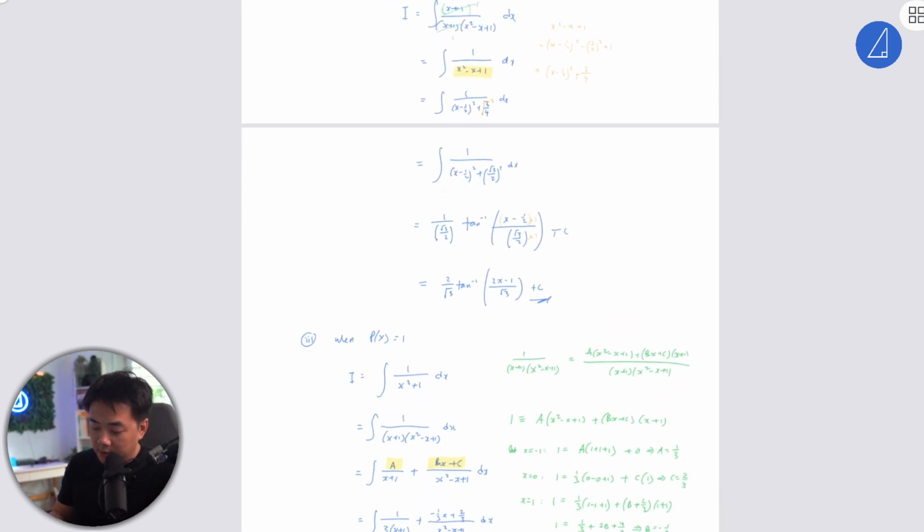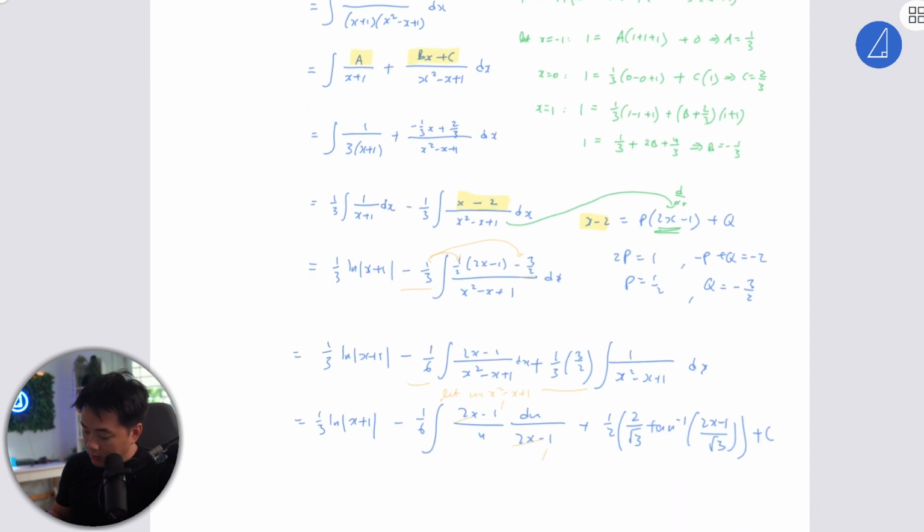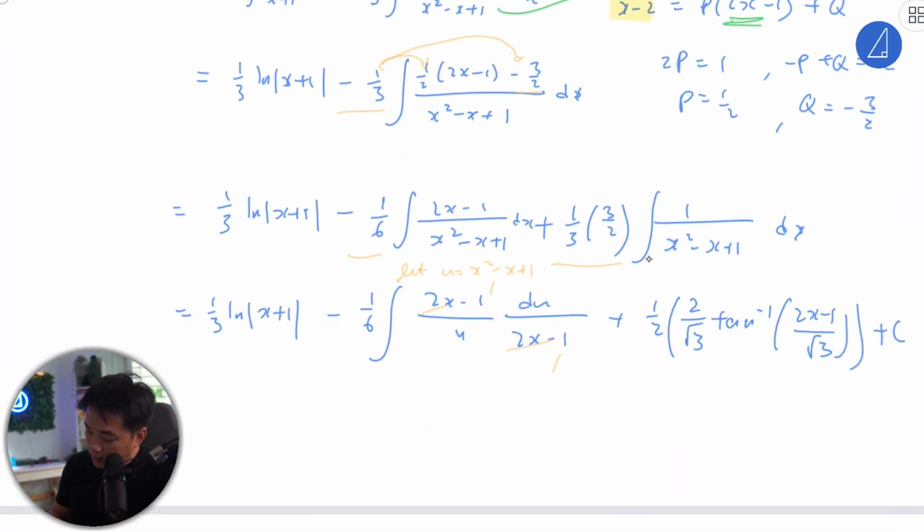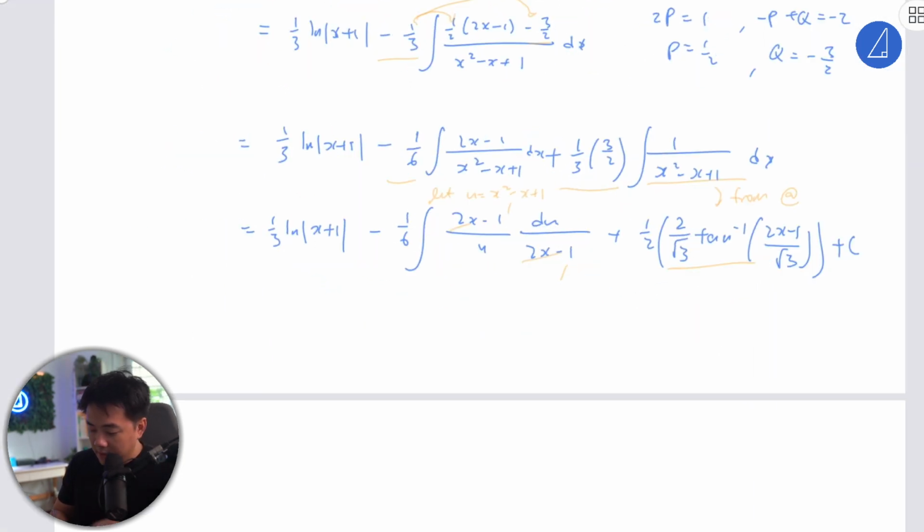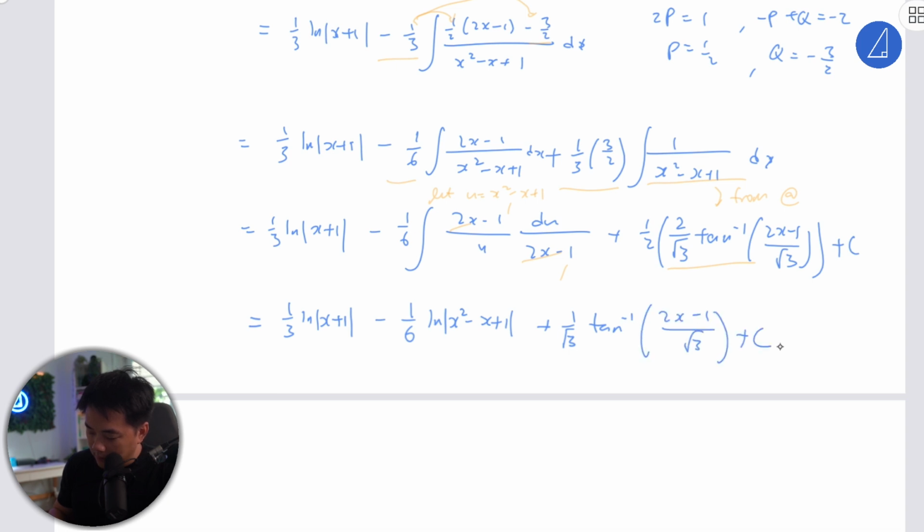This guy here, because that's the integral that we get. There you go. So this is from the previous part. Once done, you get 1 over 6 here. 1/3 ln of x plus 1 minus 1/6 ln of x squared minus x plus 1 plus 1 over 1/3 tan inverse of (2x minus 1) over root 3, plus c.